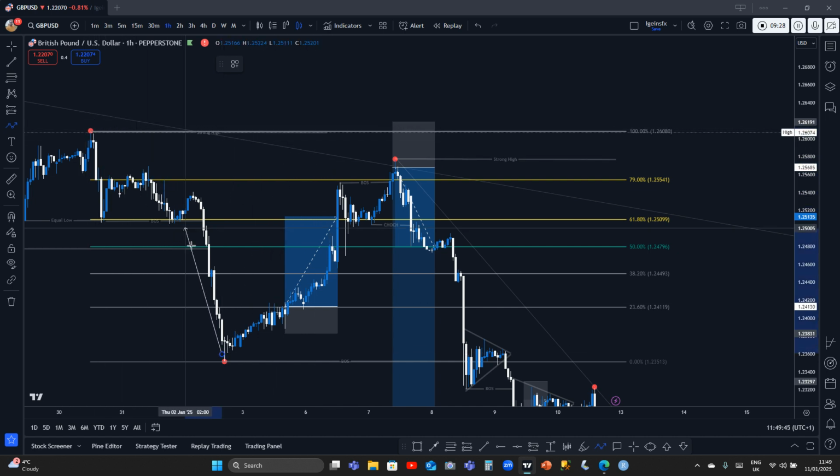It has already done its job by breaking structure to the downside and creating a low. So if you want to follow the order flow, price is not supposed to take out this high.